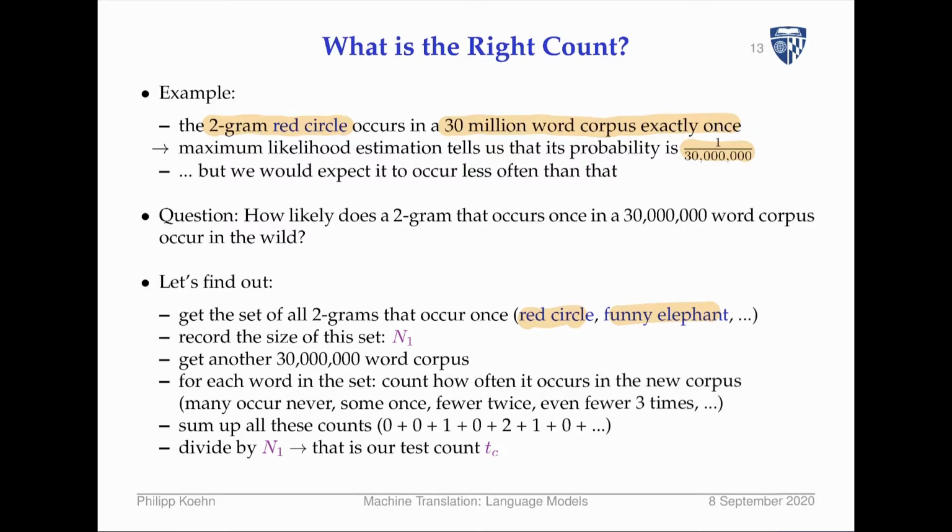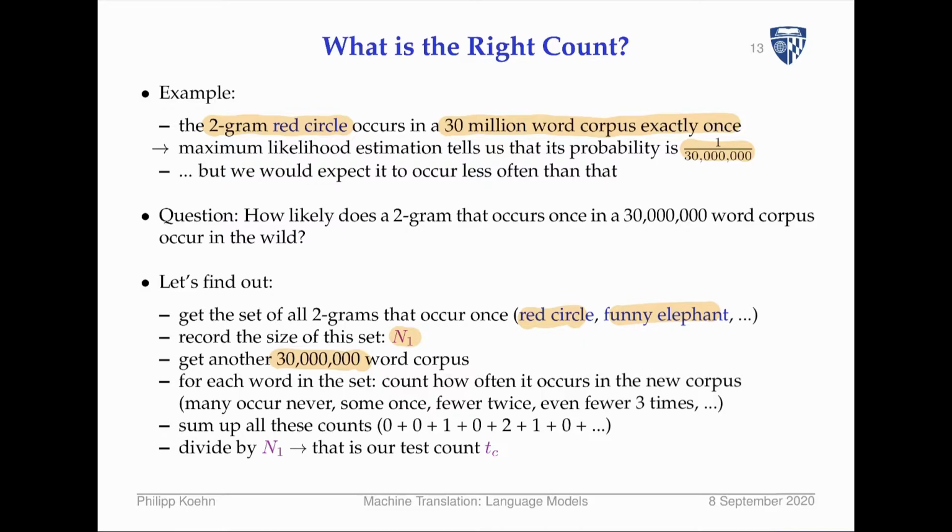We call this big N sub 1. Now we're going to get another 30 million word corpus and check these bigrams that occur once. How often do they occur in that corpus? We want to know how much we can expect them to occur. Well, let's just check on another corpus how much they actually occur, and that gives us a good sense of how much we expect them to occur.